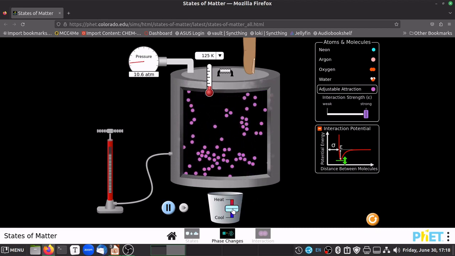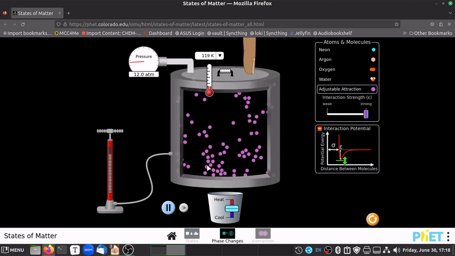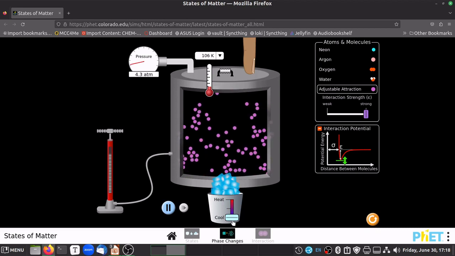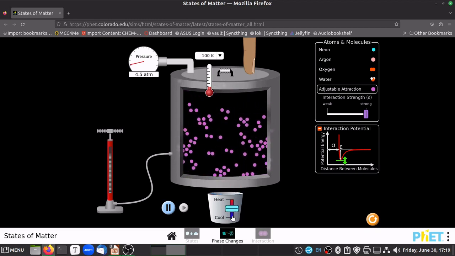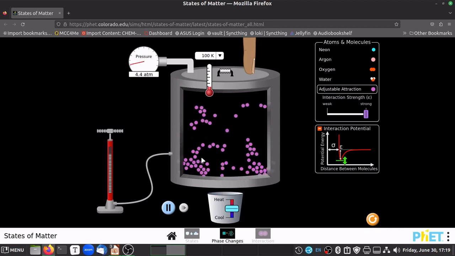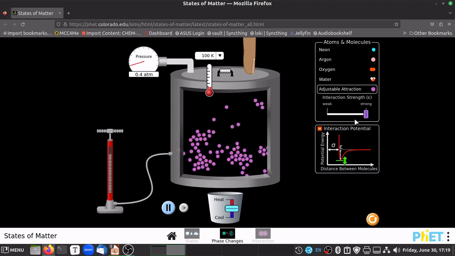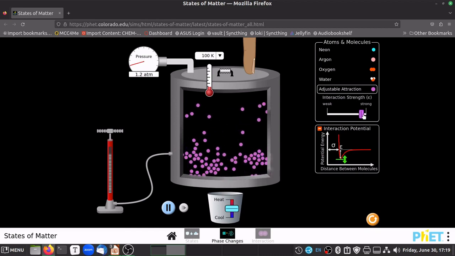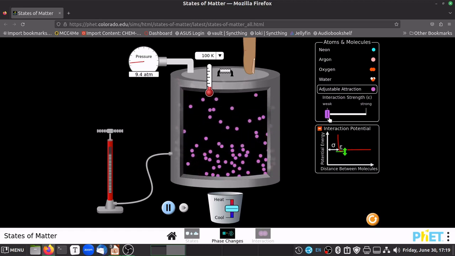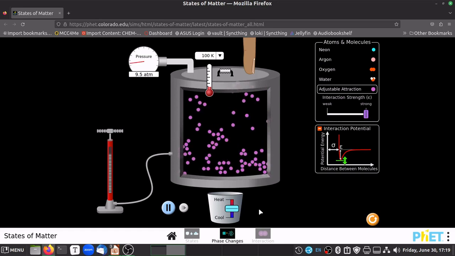And if we cool it just a little bit, we can start to see condensation. And it'll go back to filling the bottom of the container and being a liquid. So when I have weak interactions, I have something approximating a gas. When I have strong interactions, I get something approximating a liquid.